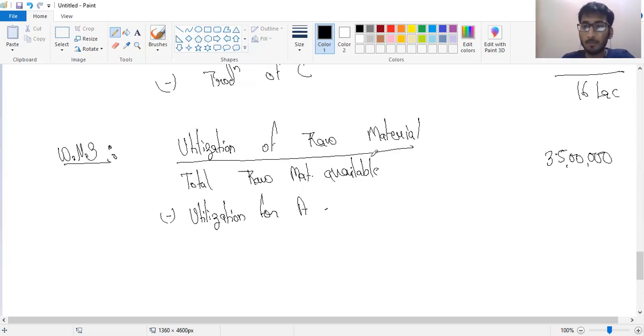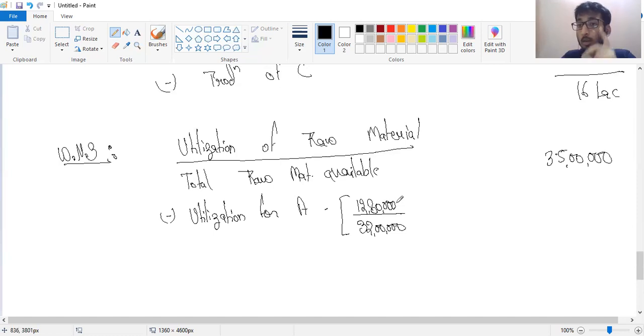So just see that what was the utilization last year? What was the total raw material last year? And what was the utilization last year? Last year, for producing 32 lakh supply, I used 12 lakh 80,000 rupee raw material.